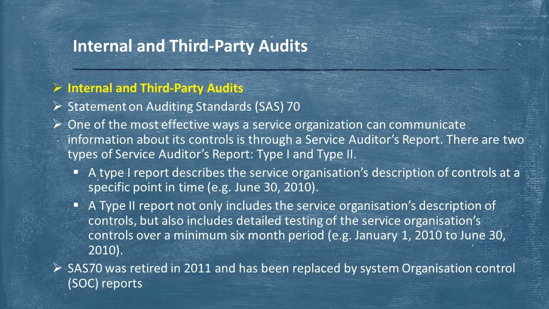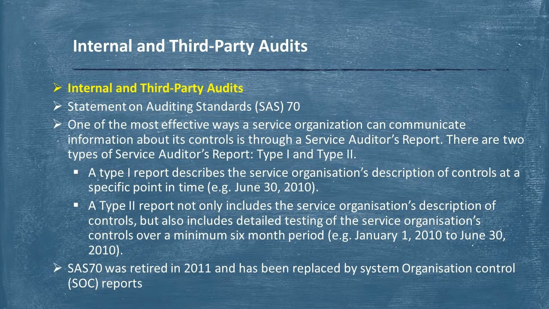This session is about the internal and third-party audits. Audits are always independent verifications, and organizations have to go through audits in order to comply with the regulations or to satisfy the clients.